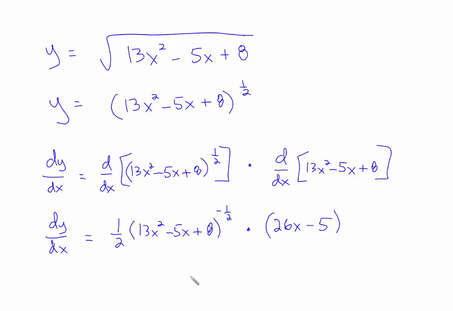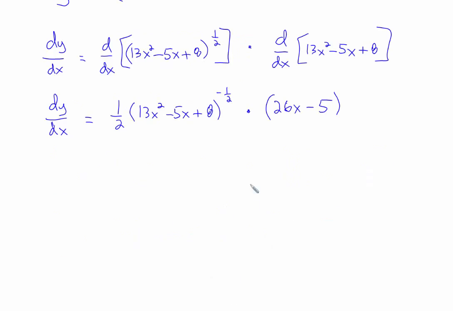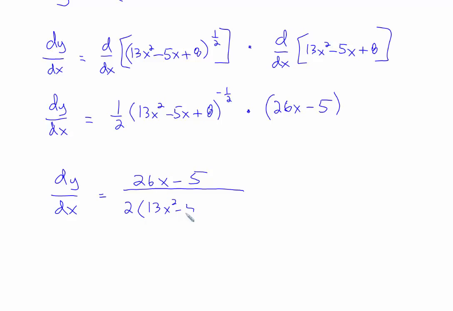Let's clean this up a little bit. This is a negative exponent, so it moves to the bottom. So dy dx is equal to 26x minus 5 over 2, with 13x squared minus 5x plus 8 to the 1/2 power in the denominator.